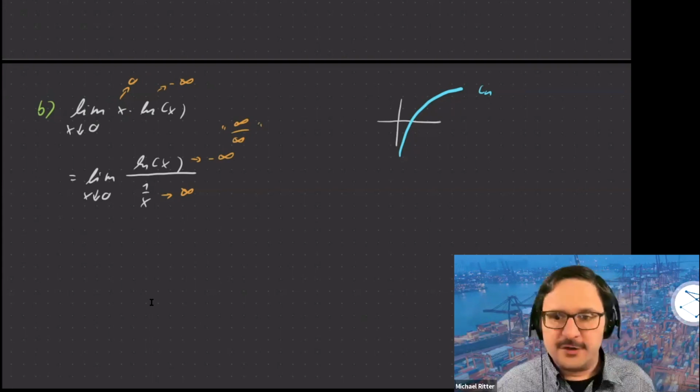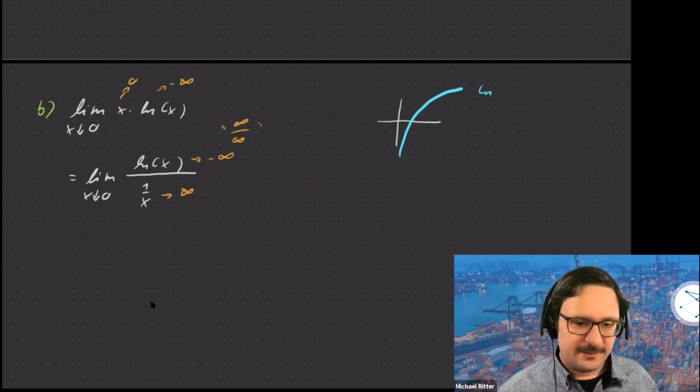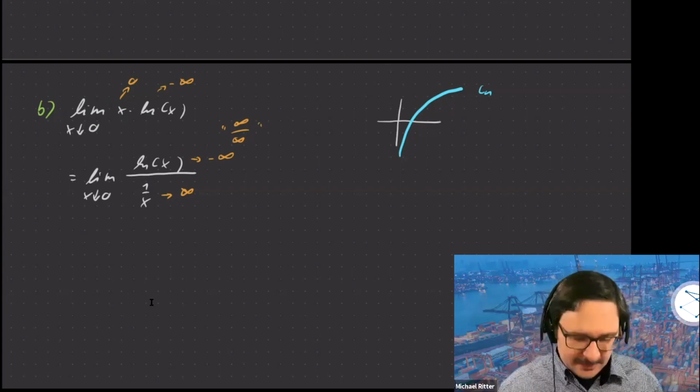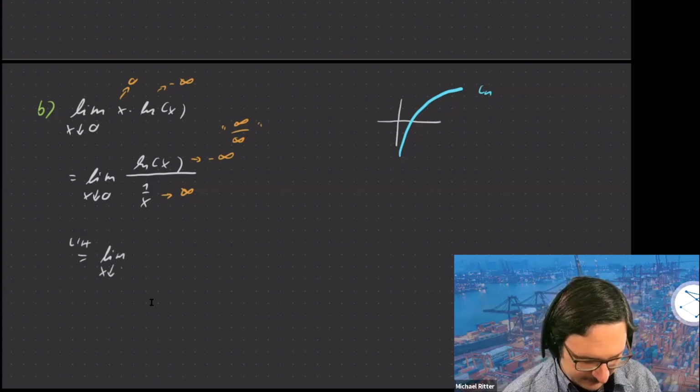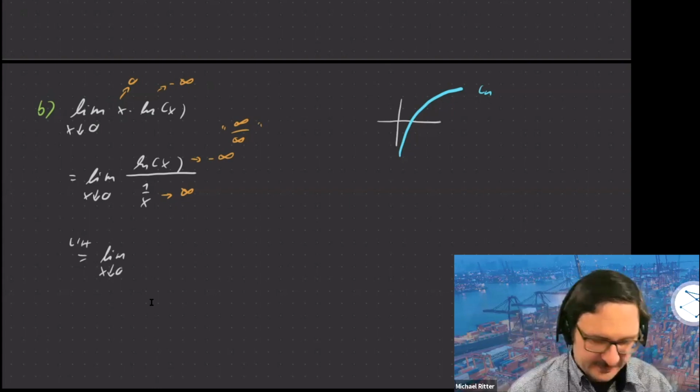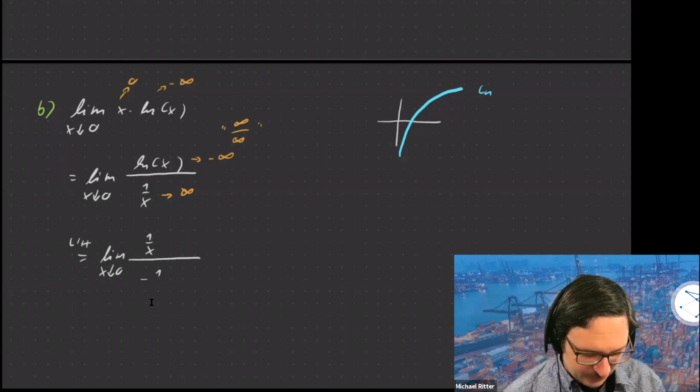Both functions are differentiable, so we can easily apply L'Hopital's rule and see if the resulting limit will actually exist. Now, if we do that, what happens is we get the derivative of the ln, that is 1 over x, and the derivative of 1 over x is minus 1 over x squared.